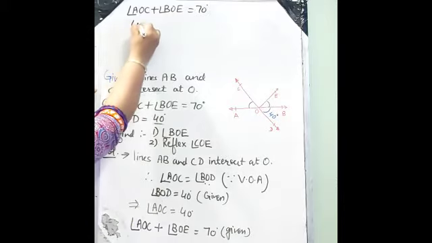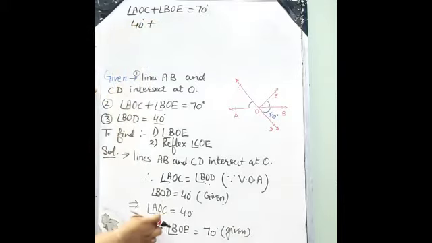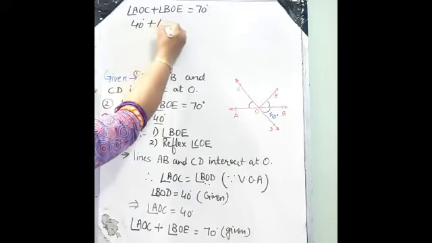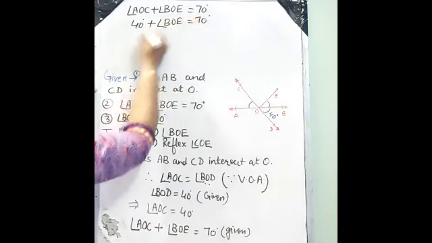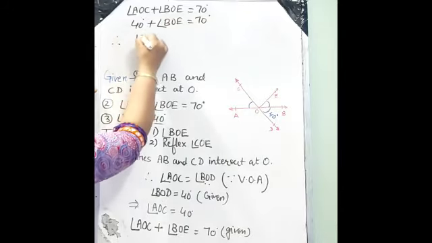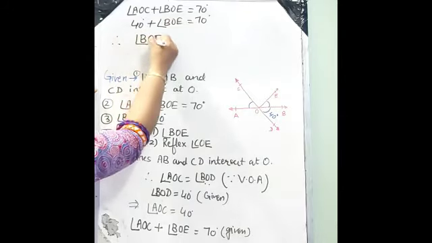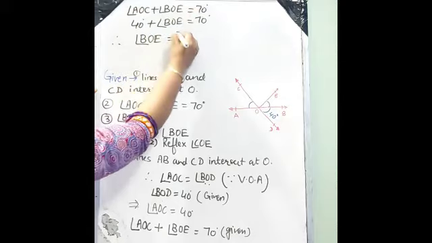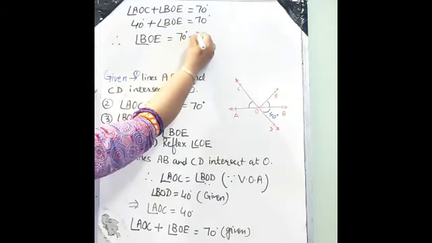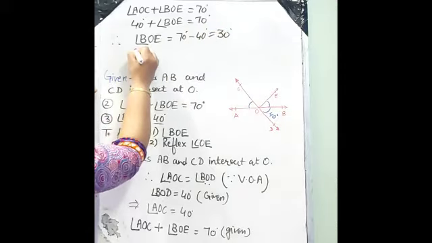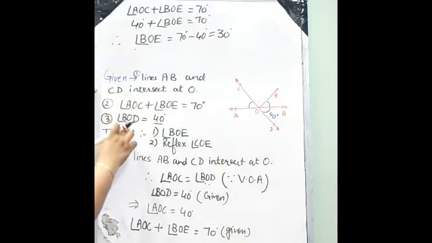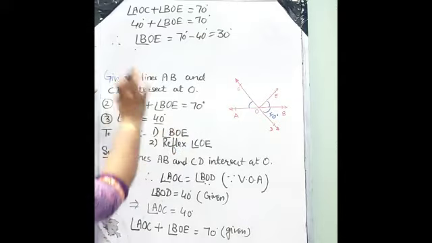Angle AOC equals 40 degrees, we have just proved here. Therefore, angle BOE equals 70 degrees minus 40 degrees equals 30 degrees. Now we have found the first angle, BOE.